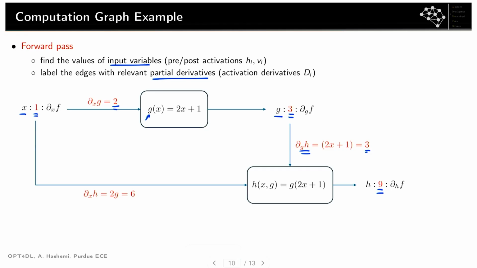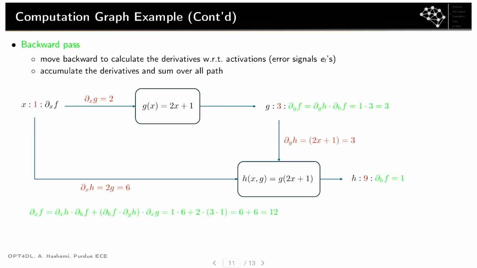And then finally, the partial derivative of h with respect to its other input x is going to be 2 times g. Again, when I plug in the value for g, the answer will be 6. So we have successfully completed the forward pass. We went from this side to the output. Along the way, we calculated the important variables and also labeled these edges with relevant partial derivatives.